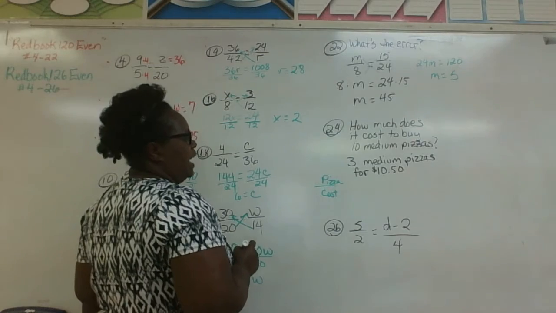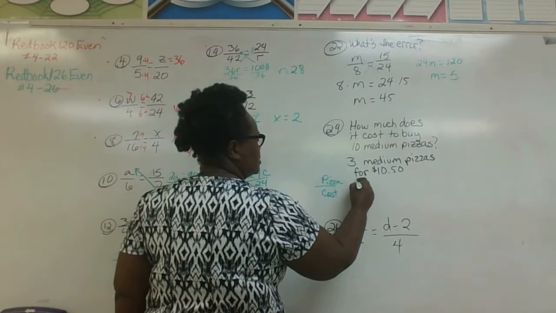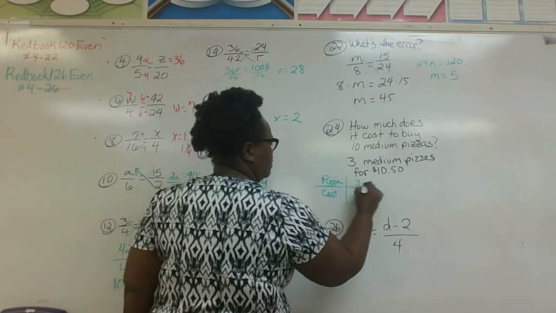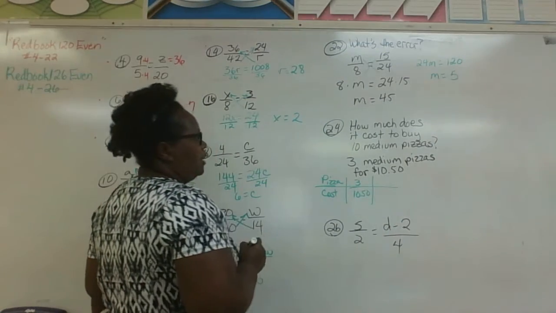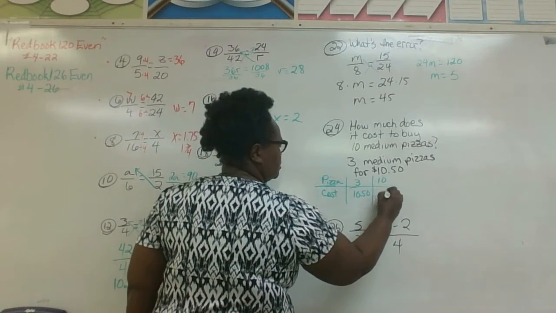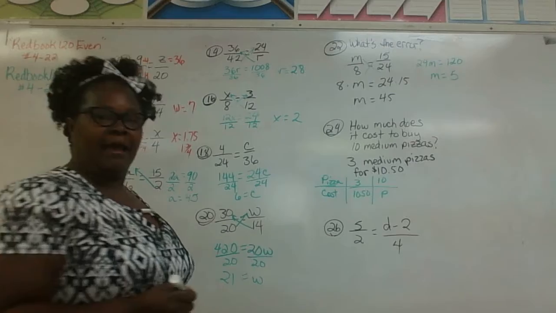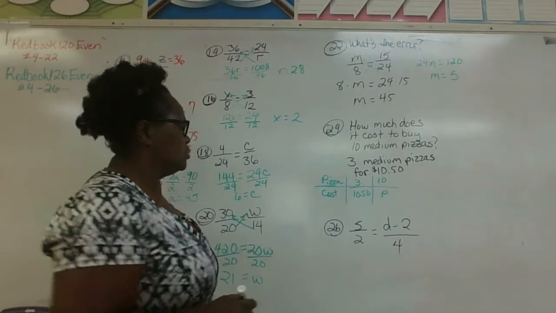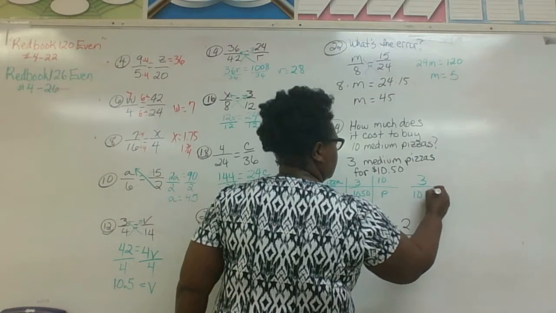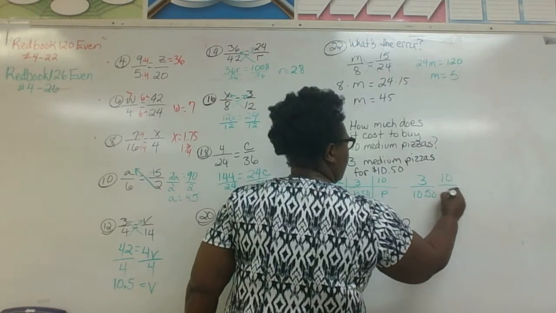So then if we have 3 pizzas, $10.50, we're setting up a chart here. All right, but we want to know how much will 10 pizzas cost. We don't know. So now we have our two ratios. 3 pizzas is $10.50. 10 pizzas, we do not know.